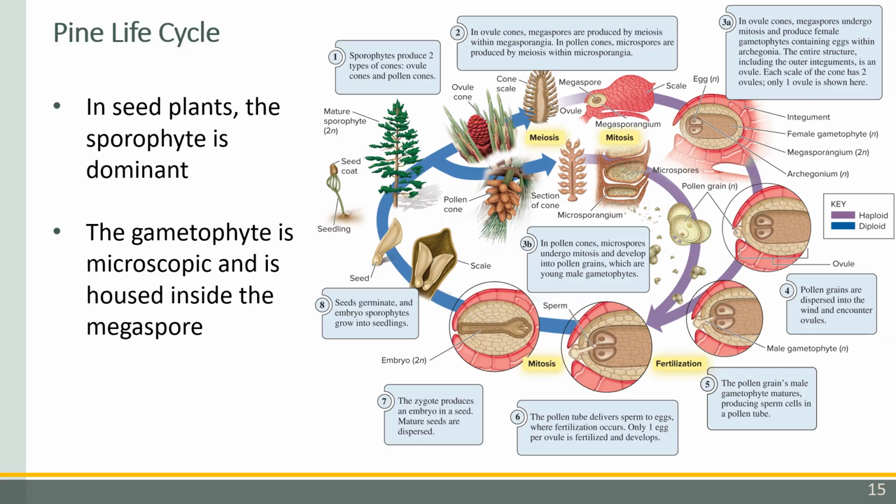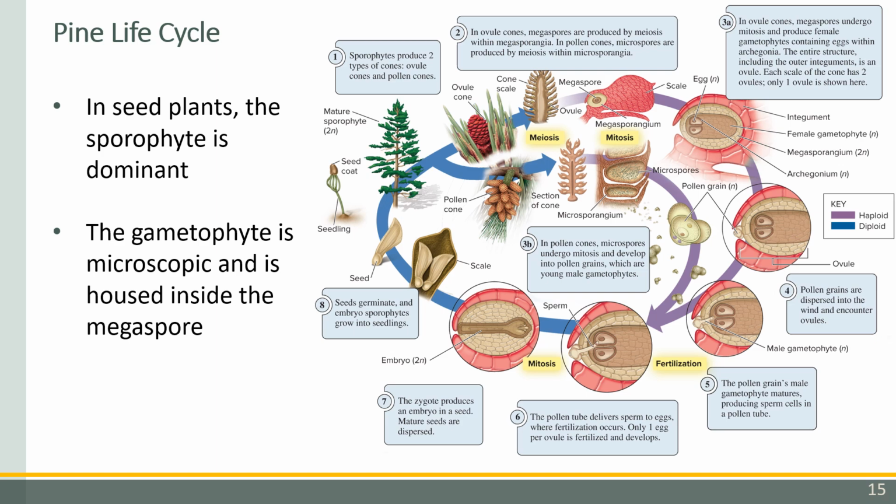So if we follow along here, we've got our cone. Mitosis happens to produce our spores. Remember that our spores are the structure that contains the gametophyte once we get to our seed plants.